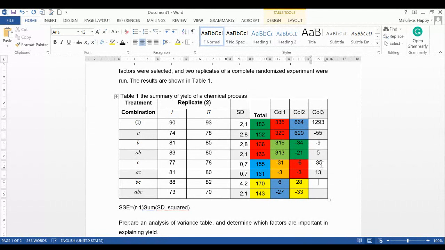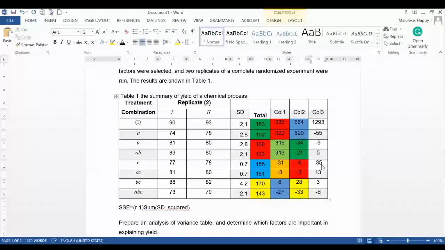Yes, 13. Negative 3. Negative 61. How did you get this negative 3, Chris? If I may ask, it's 3. Chris, what is happening with the signs? Sorry, sir. Negative 61.